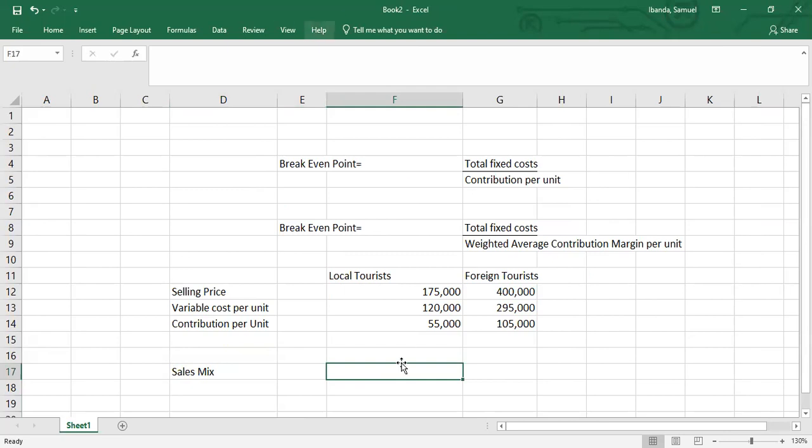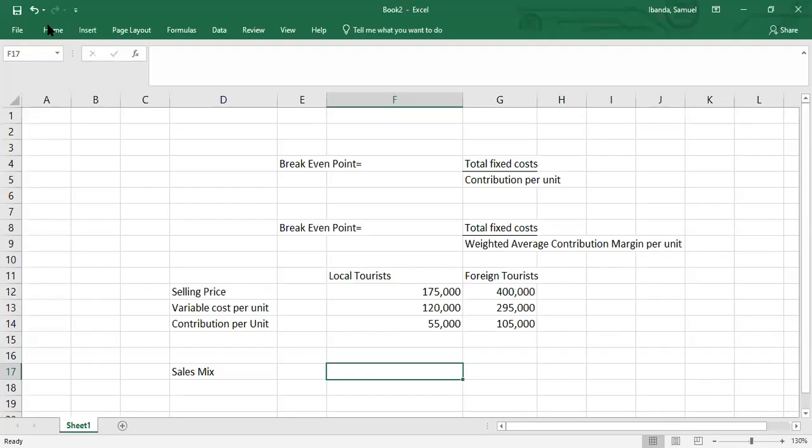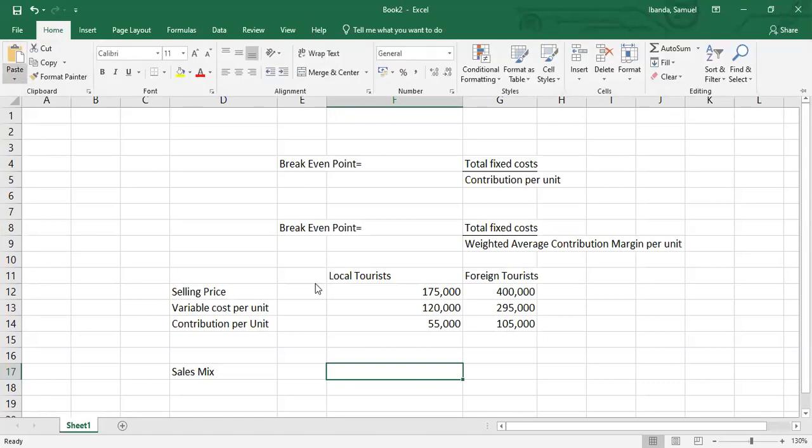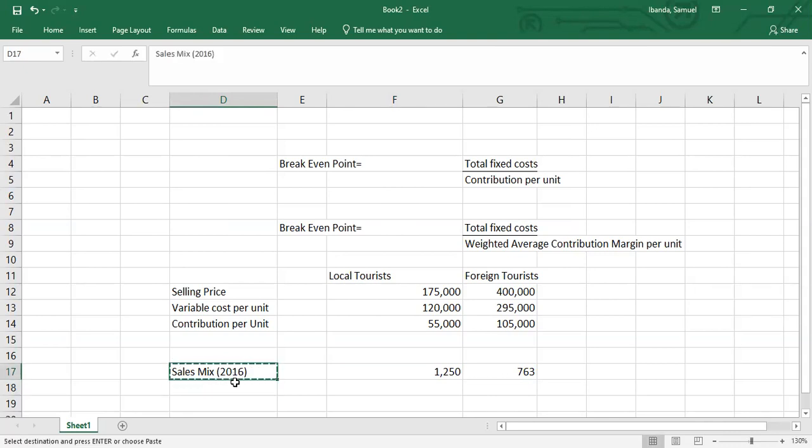So for 2017, of course, we are going to use the records for 2016 and then determine for 2017. As you can see, we have 1,250 and 763, and these are going to grow. This is 2016. So if I'm looking at 2017, they have told us that one will grow by 10%.